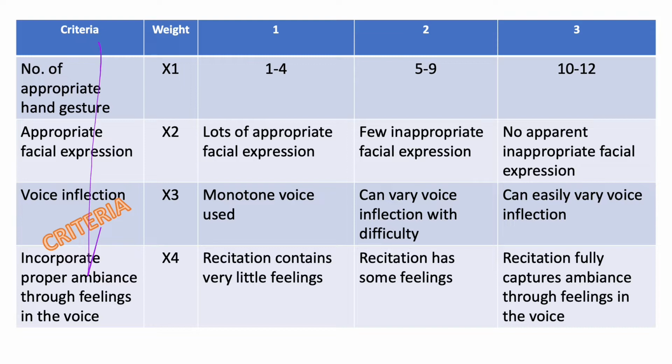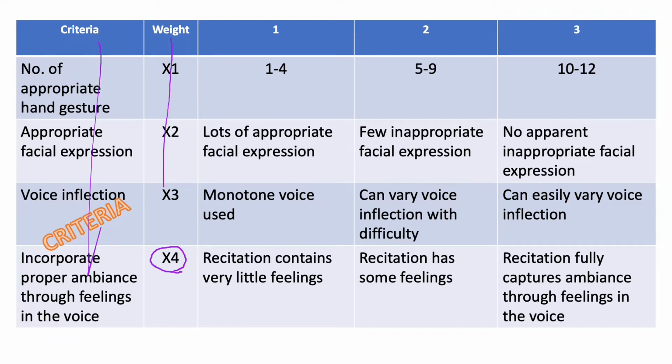Described specifically for every criterion of performance. The second column is the weight per criterion. This is the weight per criterion. Among these four criteria, incorporating proper ambience through feelings in the voice has the greatest weight. See? This has the biggest weight because it is times 4.